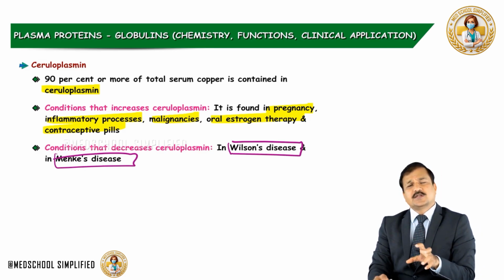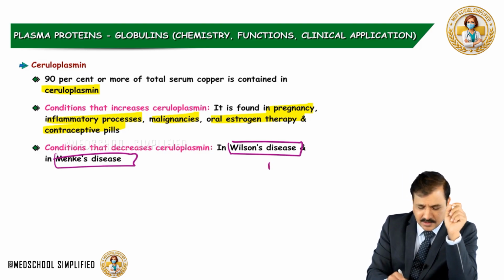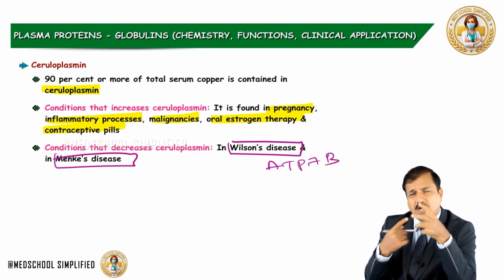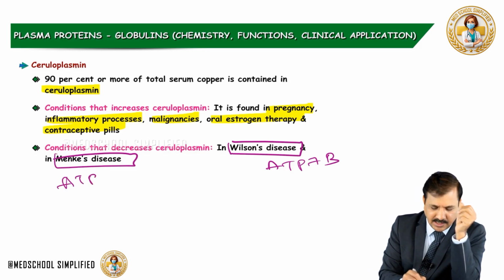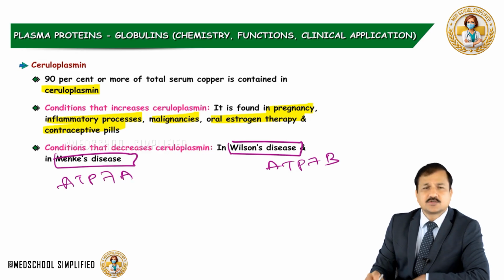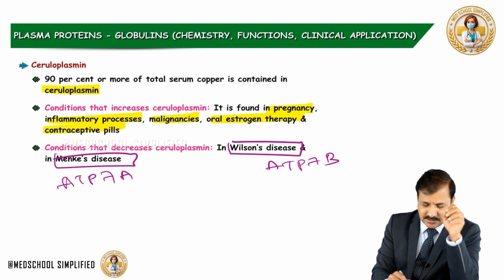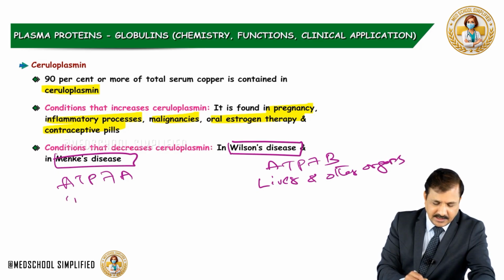Wilson's disease is because of a mutation in the gene coding for ATP7B, which codes for a specific transporter to transport copper out of organs like the liver. And Menkes disease is because of a mutation in the ATP7A gene, which codes for a P-type ATPase in the intestine. So Wilson's disease affects the liver and other organs, including the eyes, whereas Menkes disease affects the intestine.